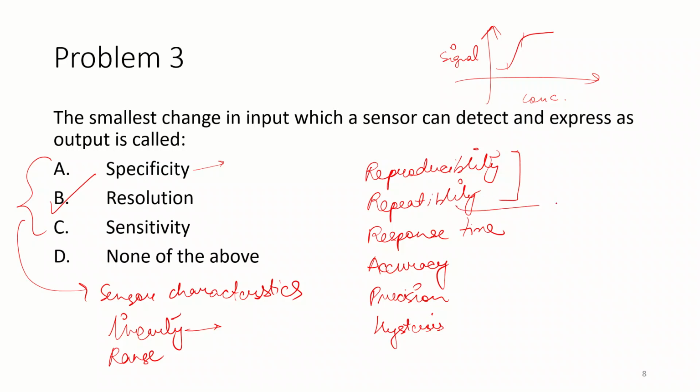That is repeatability. And reproducibility is, you report one sensor, I try to reproduce it, and if it gets the same kind of response, that is referred to as reproducibility.